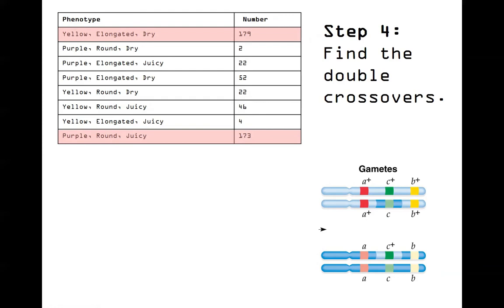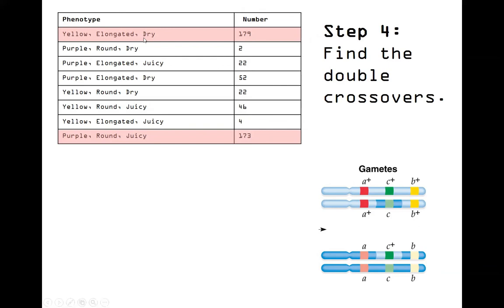What is the chance that one crossover will happen in a region? That's going to be more than the chance of two happening in that same region. So having two of them happen in the same region is less likely. That will produce fewer offspring.